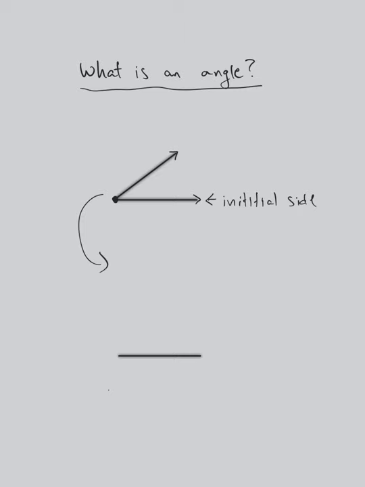And then in a sense it's like we're going from this ray to that ray. So there's kind of a rotation that goes on. So what we can think about is rotating that ray, in this case counterclockwise, and then stopping and producing this second ray. Okay, and so that's the idea.